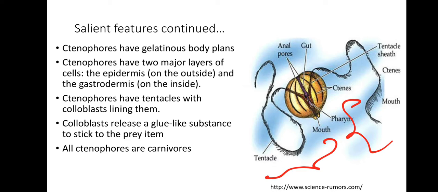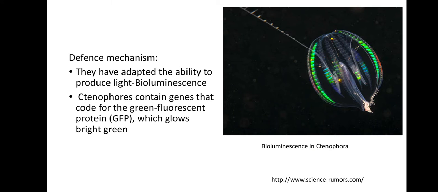There are exceptions for this particular case, like some of them do not have this kind of colloblast, and some of them even lack tentacles. In such cases the mouth itself will be used in feeding. Since we are talking about feeding, all the ctenophores are carnivorous. I'm sure you are familiar with the word carnivora. That means they'll be eating the flesh of any other animal, isn't it?